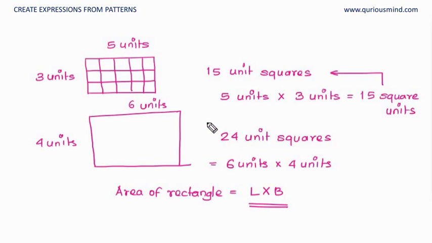Let's do a few examples to see how we can convert a pattern into a formula. Let's say I am using a matchstick to create number 2. Now if I want to create one more number 2 here, if I want to create another one.